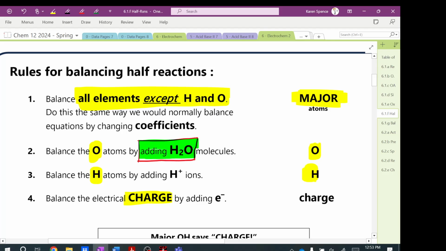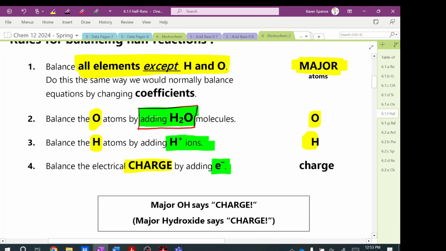Do we put coefficients in? No. Do we change subscripts? No. What do we add? H plus ions. And then finally, just like we did in the previous examples, we balance the charge by adding electrons.